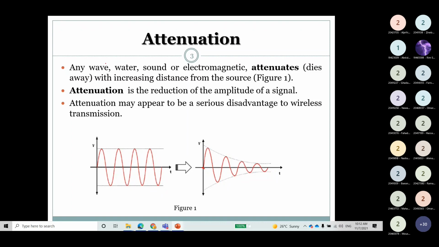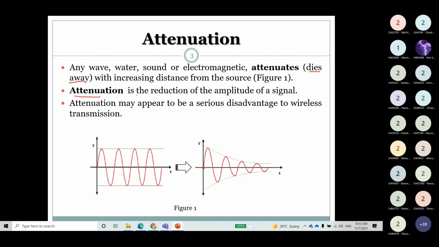Any wave, water, sound, or electromagnetic, attenuates and dies away at some distance with increasing distance from the source. So over distance, the wave will be attenuated.